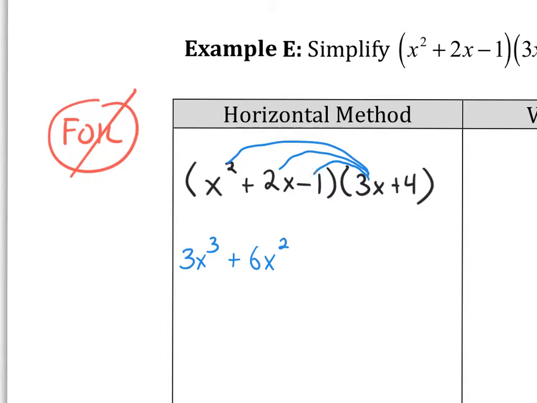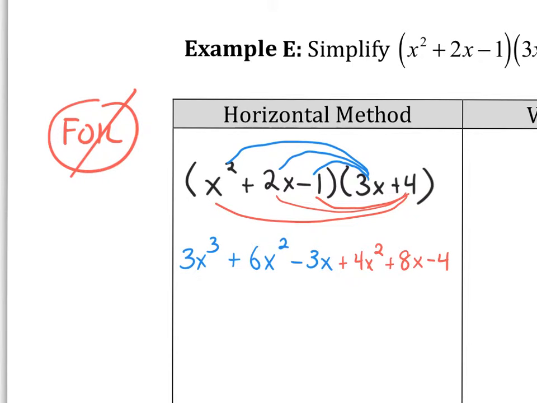And lastly, the 3x times a negative 1, which gives me a negative 3x. I'm going to repeat this process, this time with the 4. So the 4 times the x squared is plus 4x squared. 4 times the 2x is plus 8x. And lastly, 4 times negative 1 is negative 4.